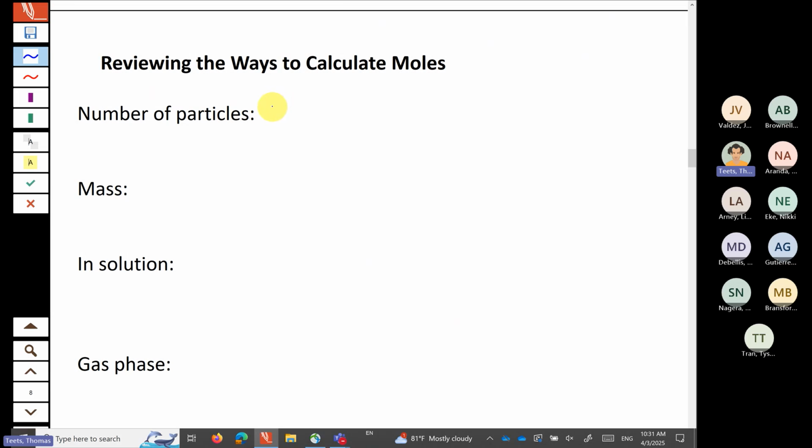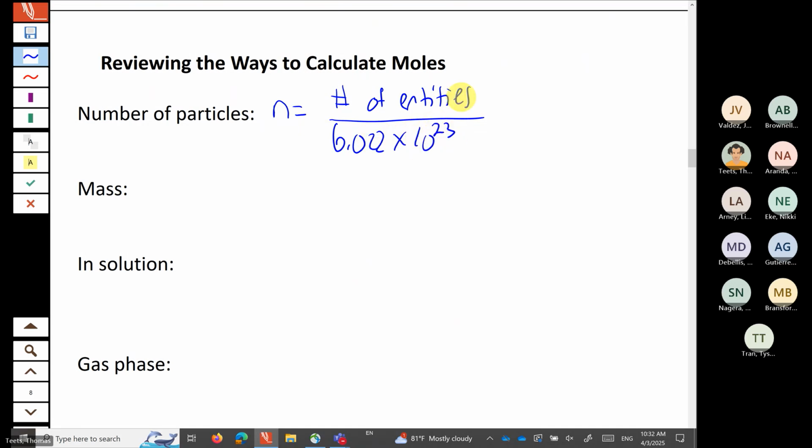We started early on in chapter 5 with the definition of a mole, which is the number of entities, particles, atoms, molecules, whatever it's made up of, divided by Avogadro's number. We talked a little bit today and a lot in chapter 5 about the relationship where the number of moles is the mass in grams divided by the molar mass in grams per mole.